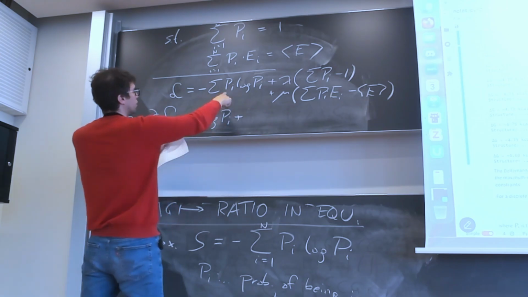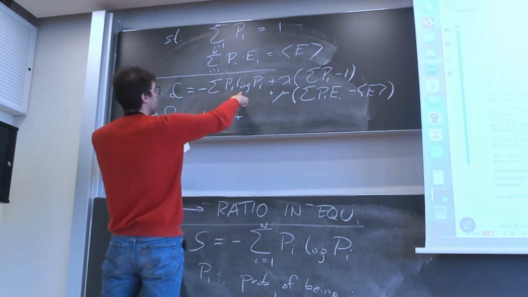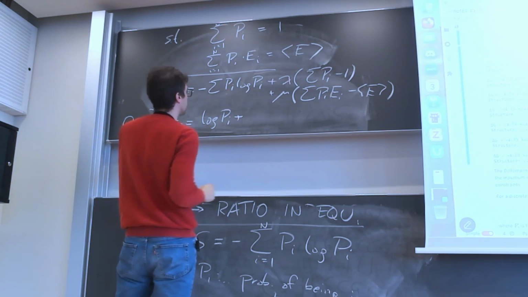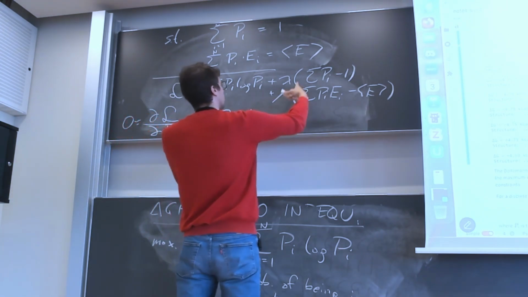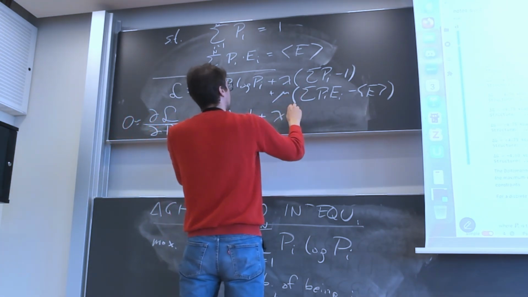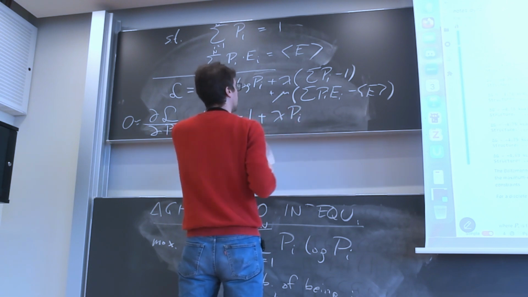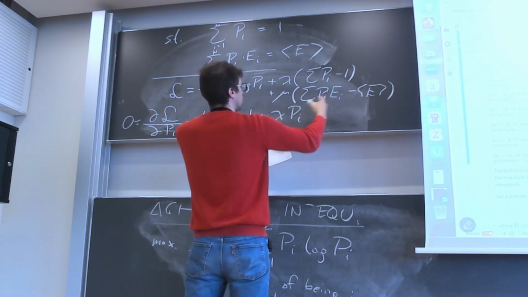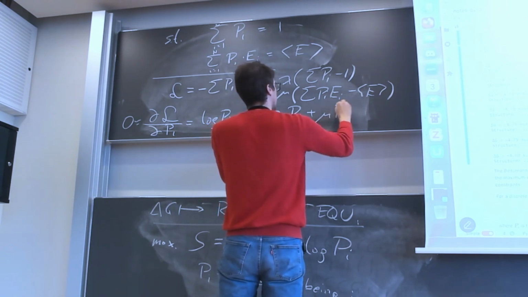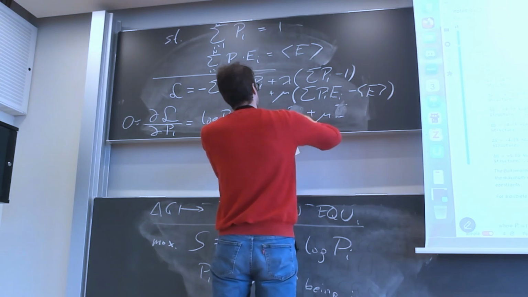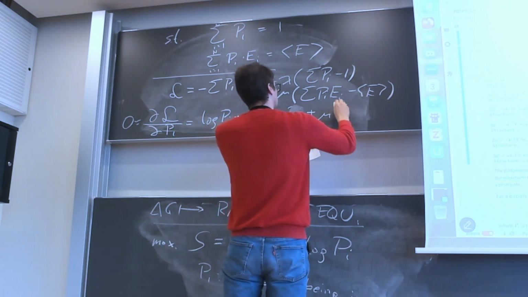And then we have the Pi times 1 over Pi, which is the derivative of log Pi, which is just 1. And here we have only lambda times Pi here, and then we only have the Pi times EI here, which is mu. Oh, excuse me, of course, that will disappear. And here we only have the EI.